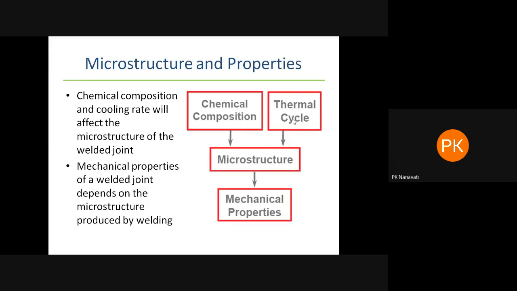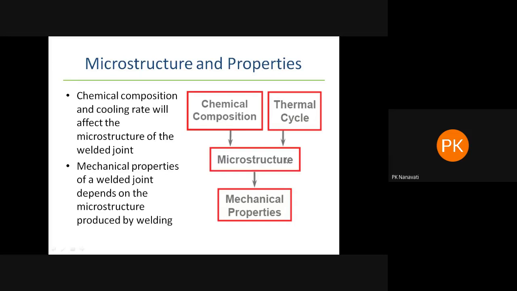But the as-weld microstructure will depend on the chemical composition of the base metal and filler and the thermal cycle, right? So there is an interdependency, because the mechanical properties, through microstructure, depend on the chemical composition and thermal cycle. And not only the chemical composition but the thermal cycle, the heating and cooling rate, particularly the rate of cooling, will affect the microstructure.